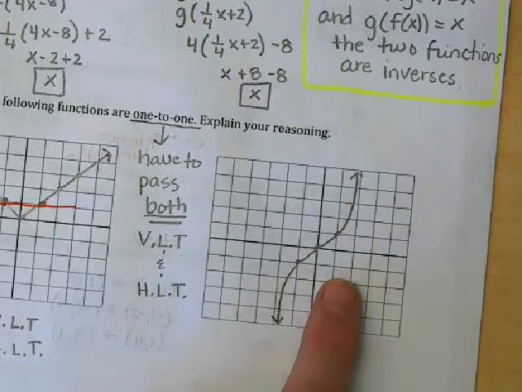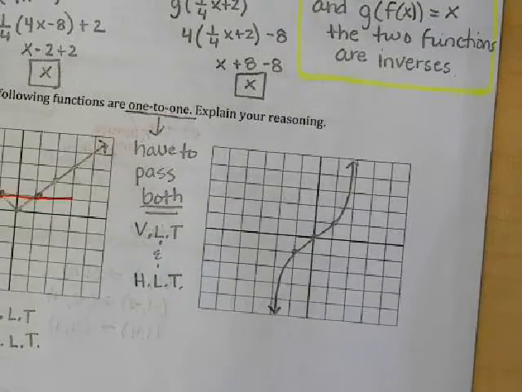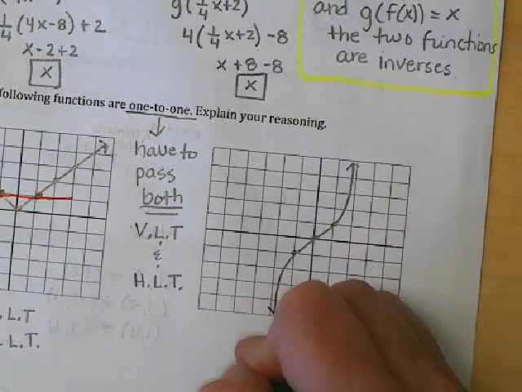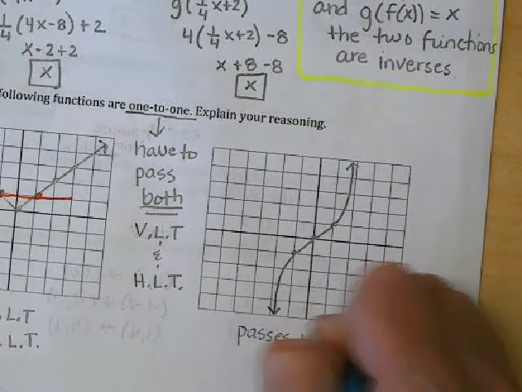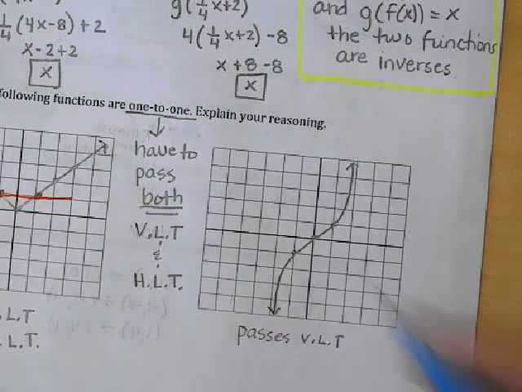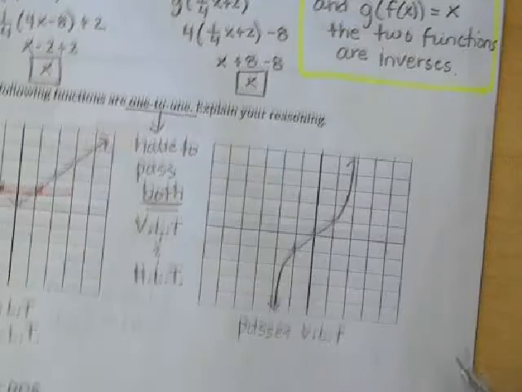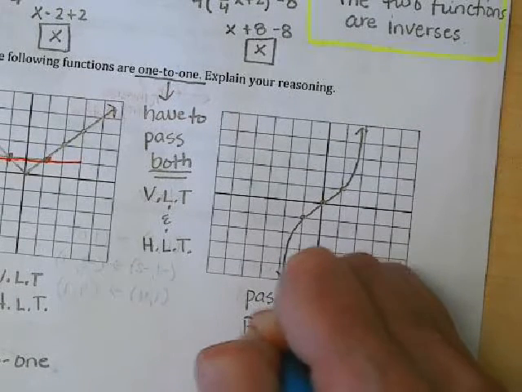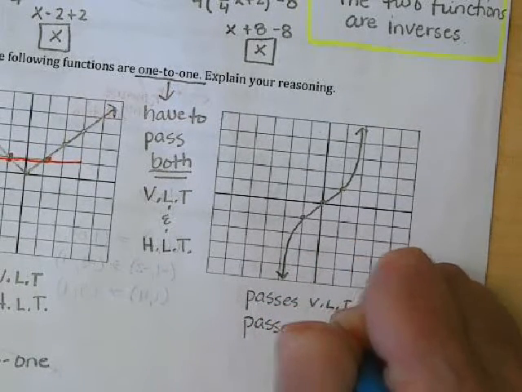Okay, let's see. This guy, definitely a function. That's our cubic function, y equals x cubed. Definitely passes the vertical line test. There's nowhere I could make a horizontal line that's going to touch in more than one spot. So I'm going to say it passes the horizontal line test.